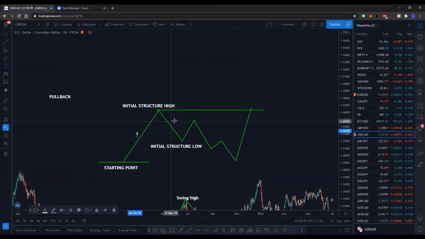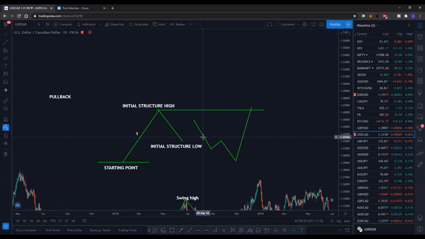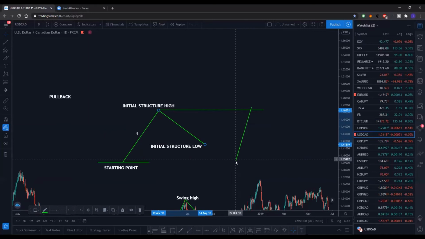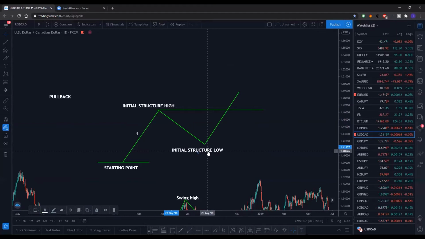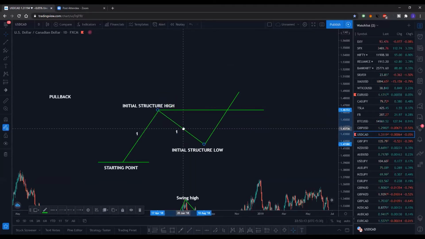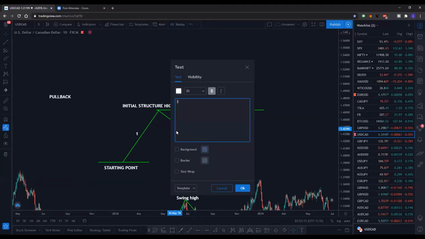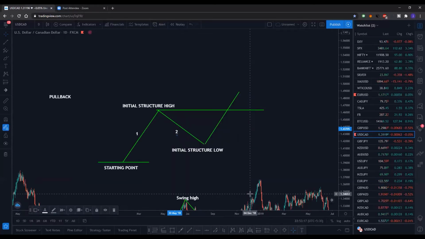Okay, let's just remove all this to make my drawing easier. Let's say that the market has retraced somewhere like this. This becomes our initial structure low. So this particular move will become the second move, or the second point.